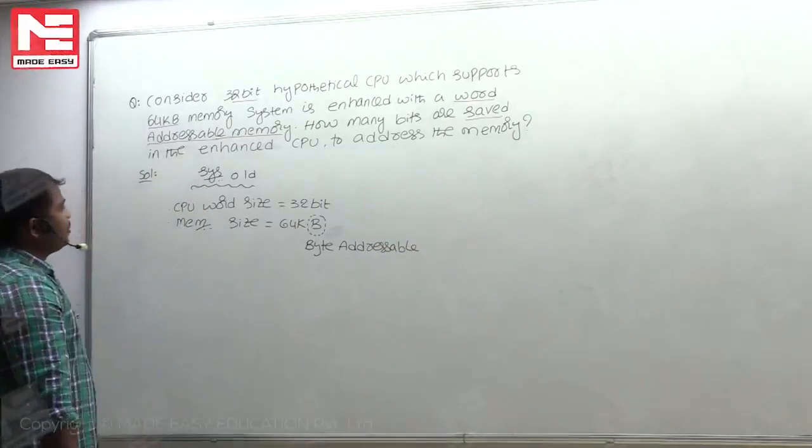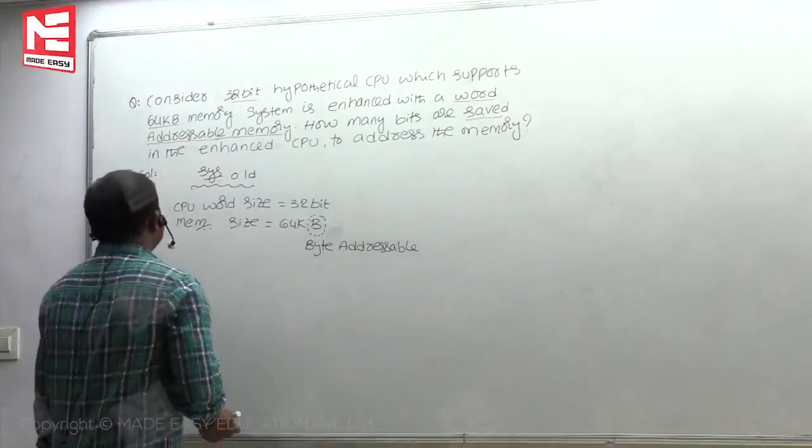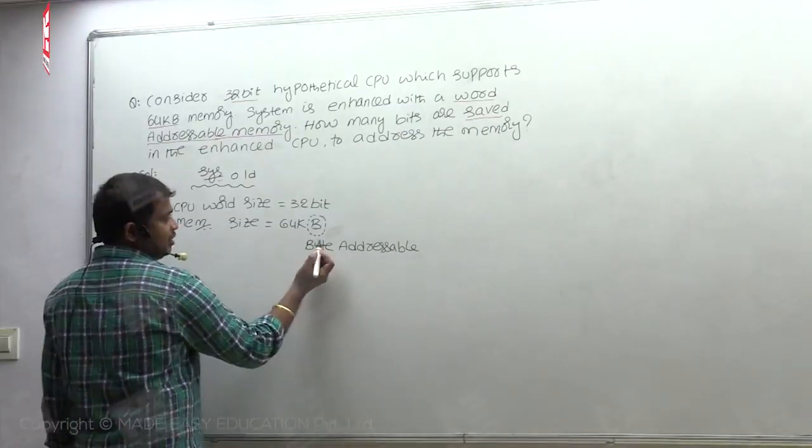See this? The CPU word length is given as 32-bit. Memory capacity is given as 64 KB.